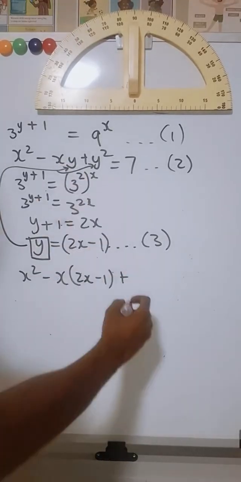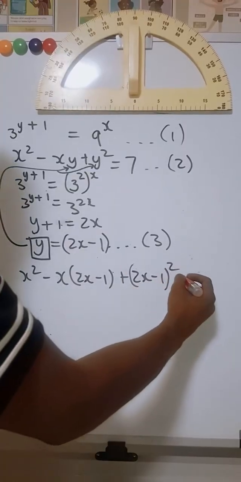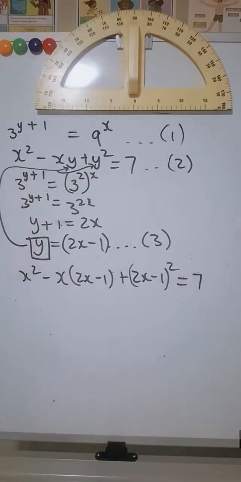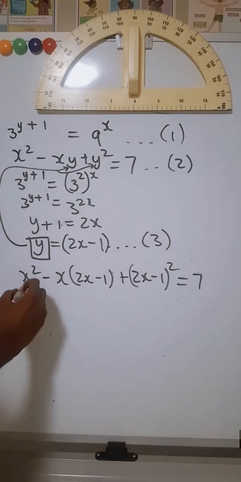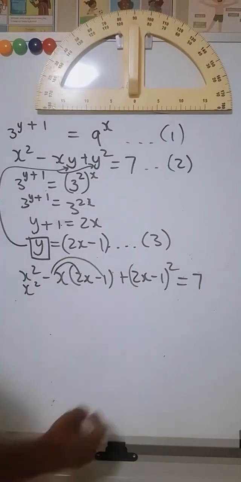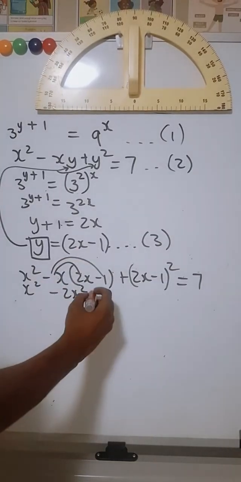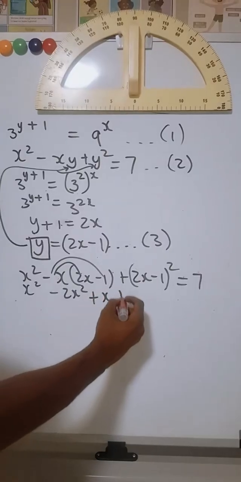There's no exponent, plus the y, 2x minus 1, we square it, equal to 7. I can then go ahead. This x squared, take the negative x, distribute it, negative 2x squared plus x.